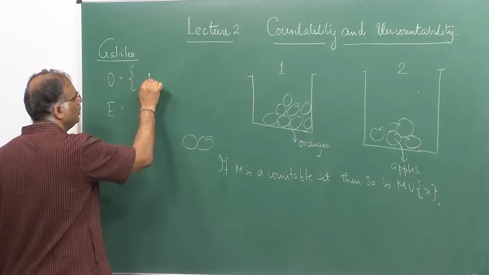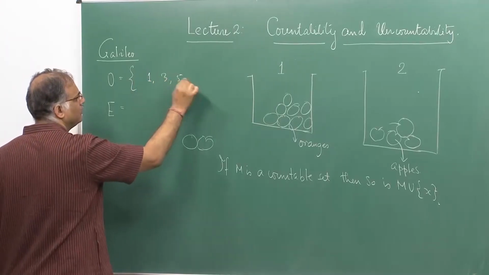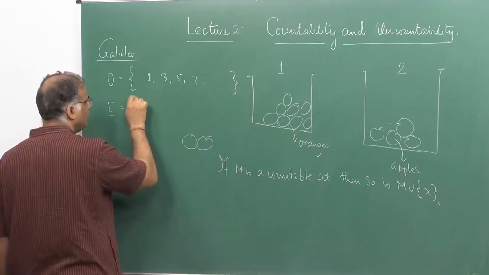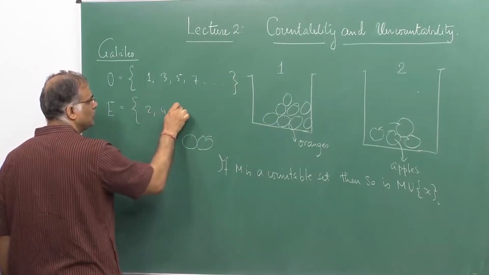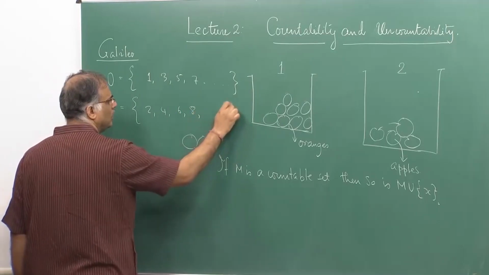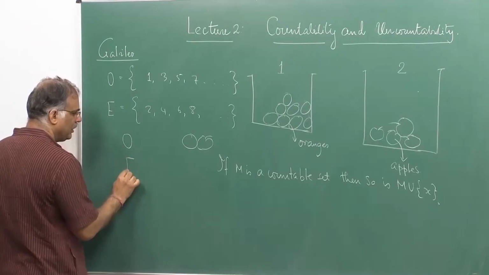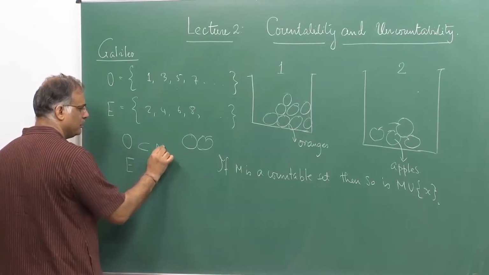The odd numbers are 1, 3, 5, 7 and so forth, and the even numbers are 2, 4, 6, 8 and so forth. You might think that both O and E are proper subsets of N.